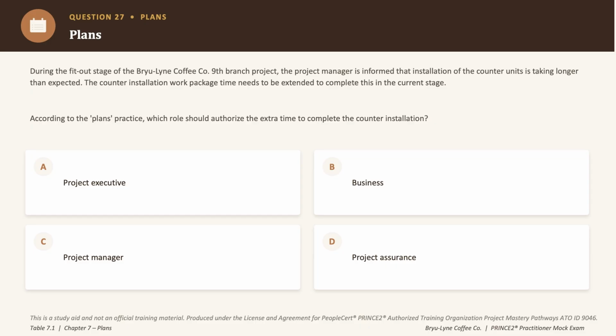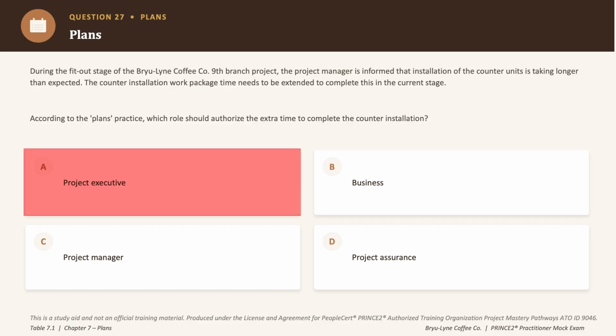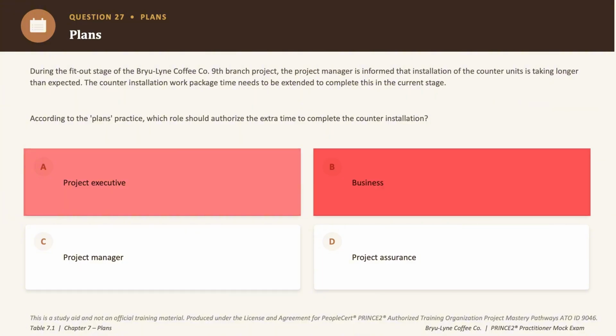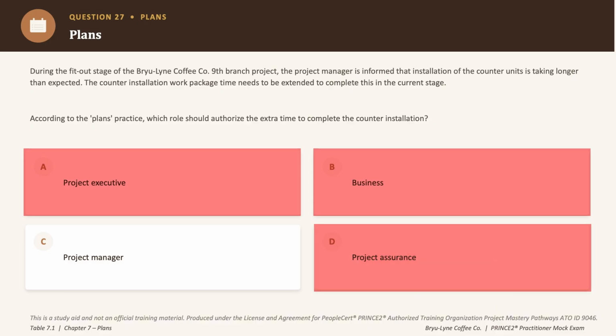And they do not get involved if the deviation is within a tolerance range which has been pre-approved. Okay, so eliminated. Option B says business. Now that's far too high level for a work package timing issue and eliminated as well. Option D says project assurance. Now the job of project assurance is to review the feasibility against the tolerances and not authorize extensions. Okay, so eliminated as well.